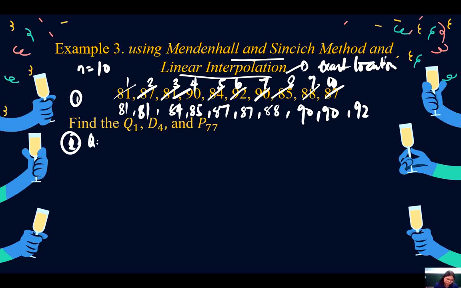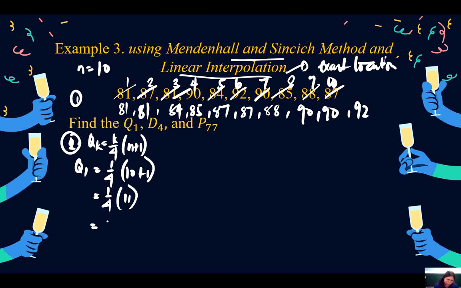So Q sub k is equal to k all over 4 times the quantity n plus 1. So our position is 1, so 1 over 4. Our n is 10 plus 1. Let's simplify. So 1 over 4, quantity 11. So magiging 11 all over 4, or equal to 2.75. This is the first quartile.